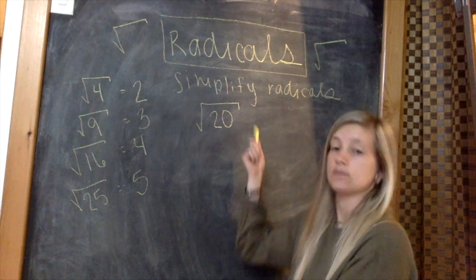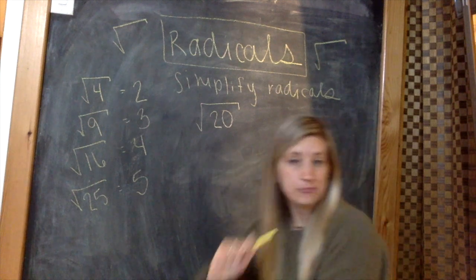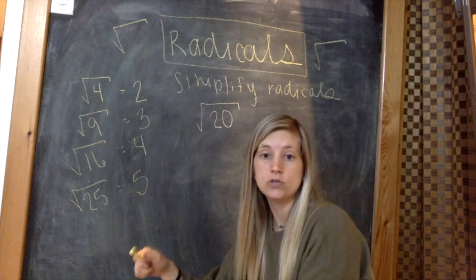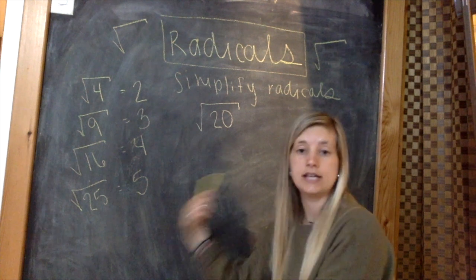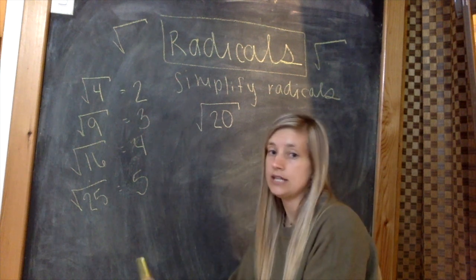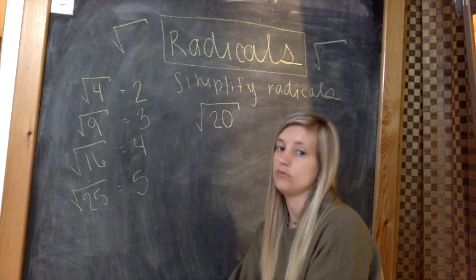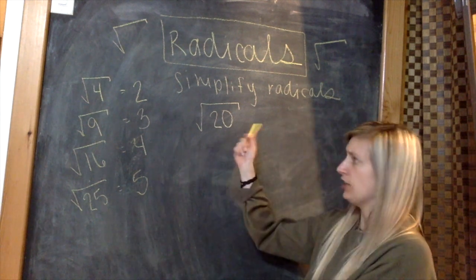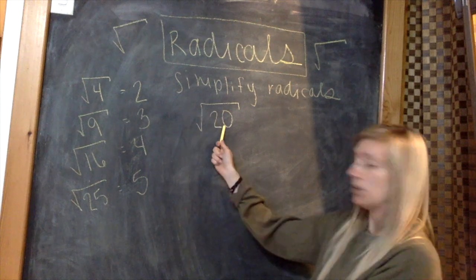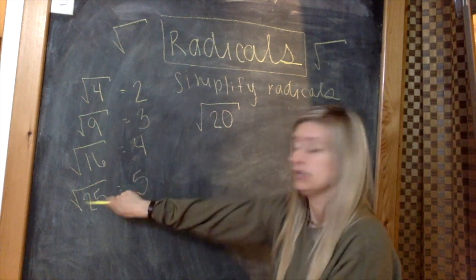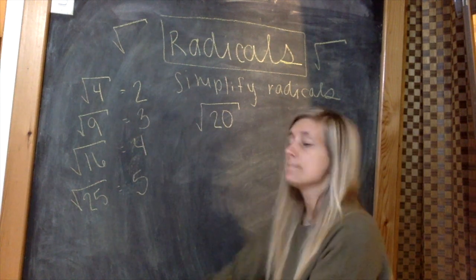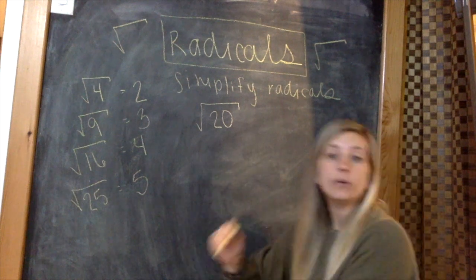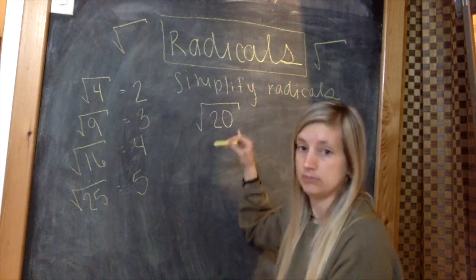This is some decimal, okay? The only thing that's going to know exactly what that is is the calculator. So if you type this into the calculator, you're going to get 4 point something, because 20 is in between 16 and 25. But that really doesn't matter right now. We are just focusing on simplifying this.